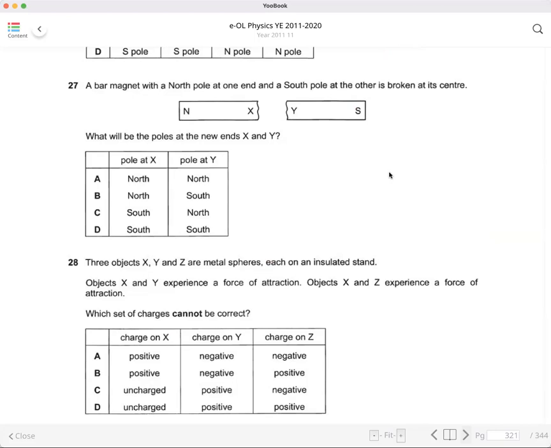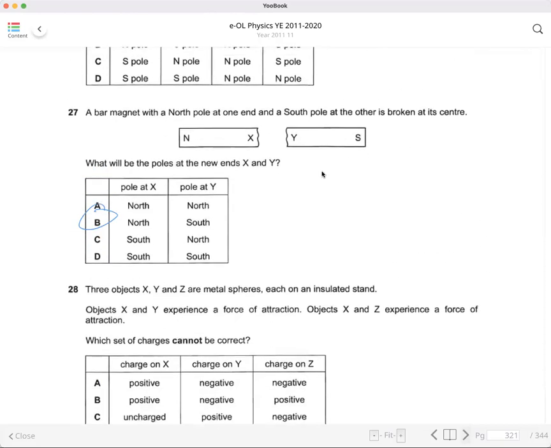Yiting, well done. Xiaoxing, well done. Ryan, well done. Hao Rui, well done. Oscar, well done. Bei Kuan, what's your answer? Bei Kuan, well done. The answer here is C.